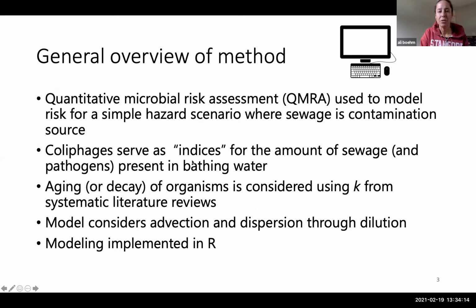In this scenario, coliphages serve as an indicator for the amount of sewage and pathogens present in the bathing water. And we consider the aging and decay of organisms using first order decay rate constants from systematic reviews of the literature. And the model considers transport of the microbes by considering dilution, and the model was implemented in R.